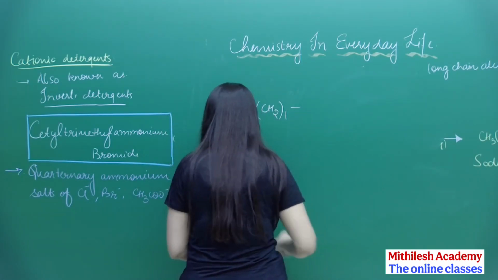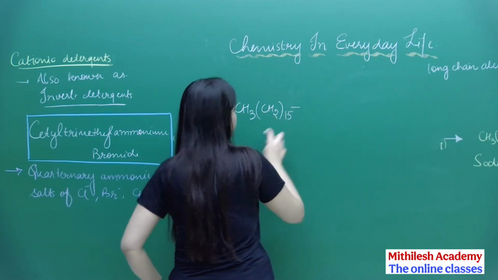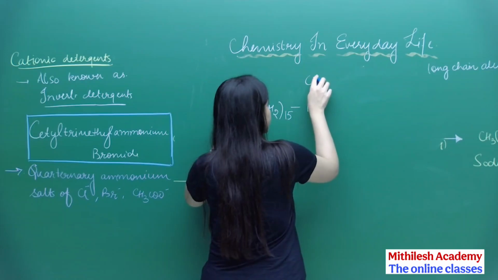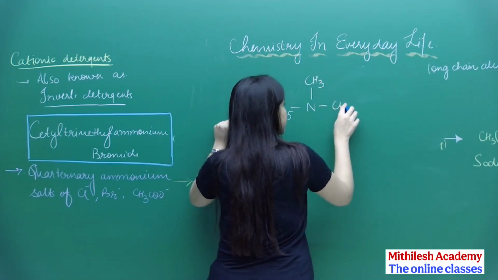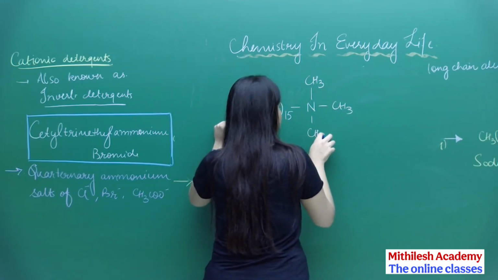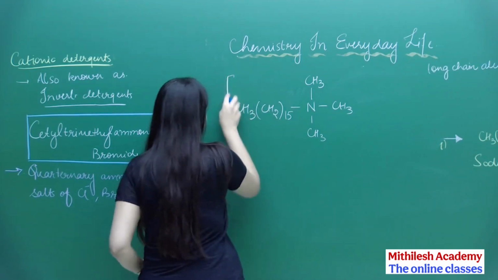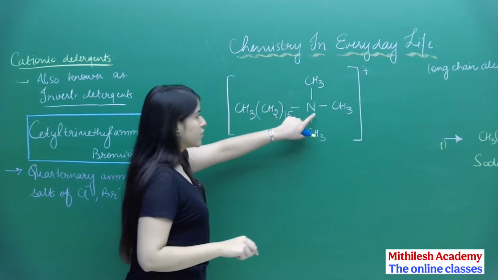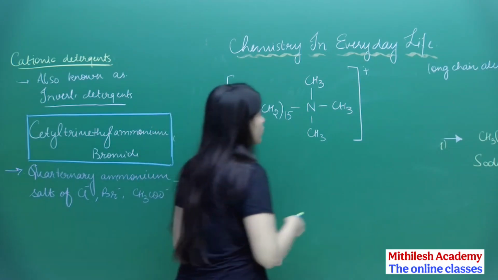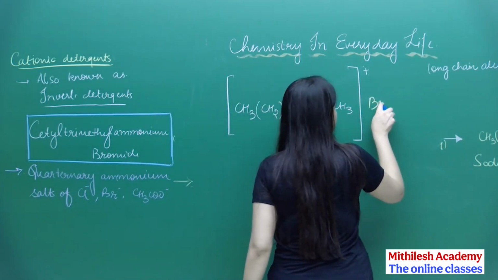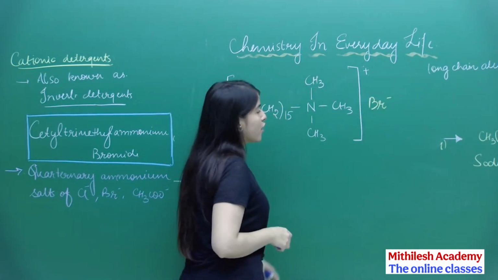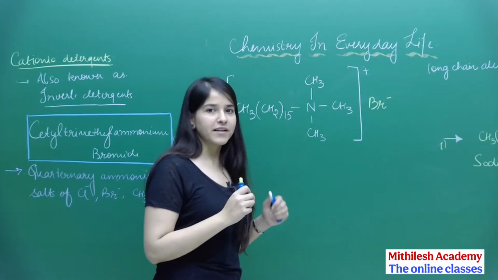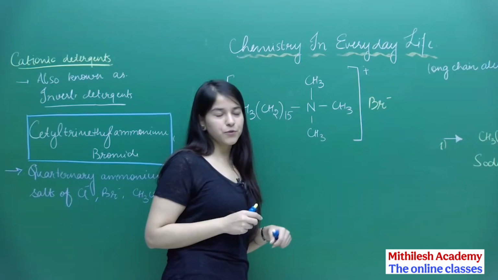I am talking about the total number of carbons. So that is the one structure that is attached. Another one is the 3 methyl groups which is attached. So that is what the structure is. And I have got a positive charge. Positive charge for what? For this very nitrogen, it is the positive charge. And what do I need to have? Attach one counter ion, that is the bromide. So that is what cetyl trimethyl ammonium bromide is. So I hope that is very well clear to you.